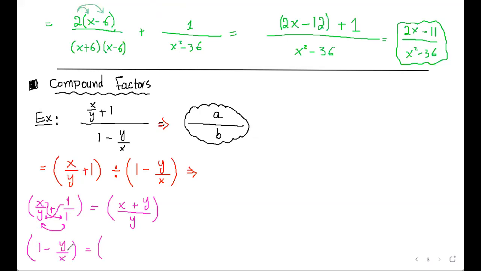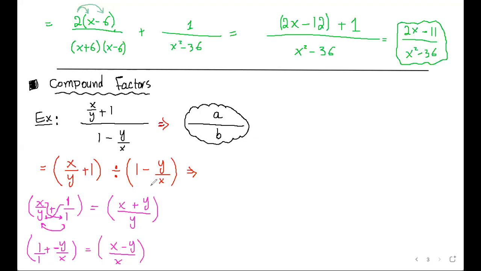So the same idea exactly. Here 1 minus y over x, we can change that minus to plus, and put the minus in front of y. Then we use the cross multiply. 1 times x is x, because this is 1 over 1. 1 times minus y is minus y, over x times 1, x. Make sense?